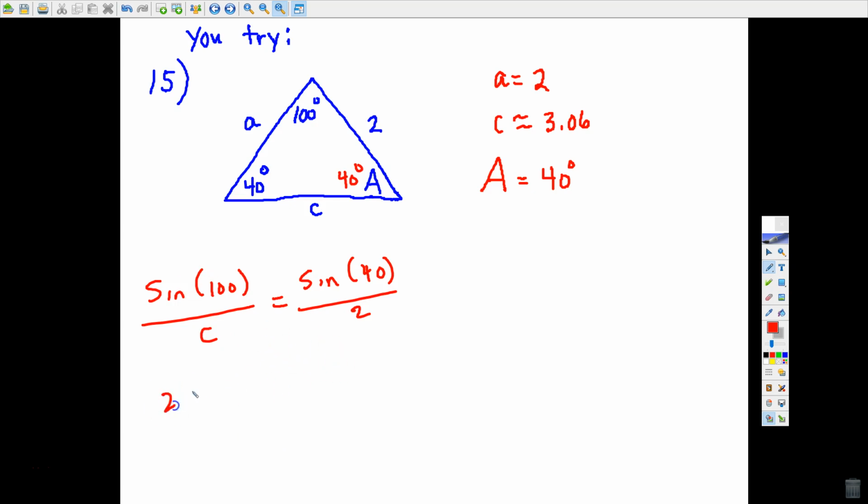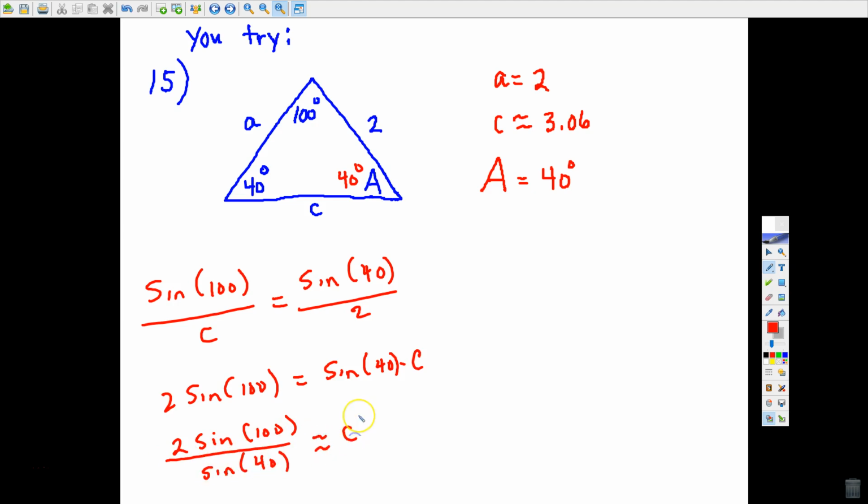And cross multiply. 2 sine 100 equals sine 40 times C. So in our calculator, we'll do 2 sine 100 divided by sine 40. And round it, and that should be 3.06, but we'll check it out. And that is correct, 3.06.